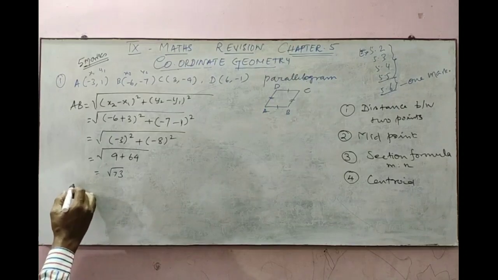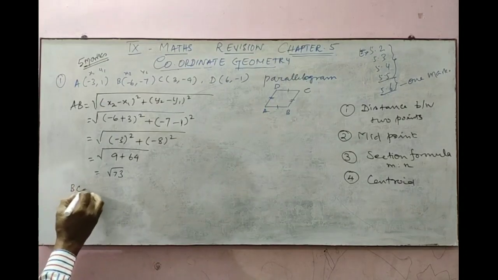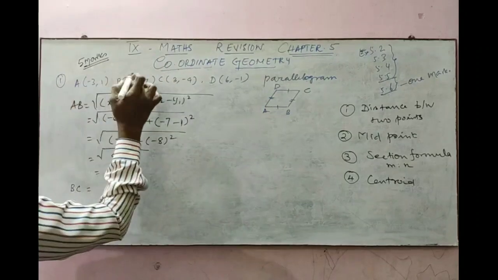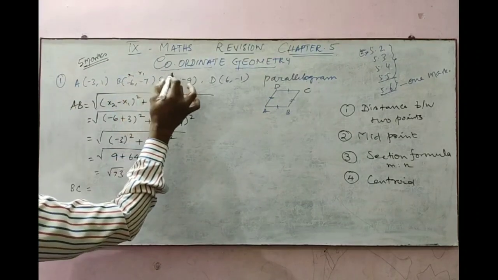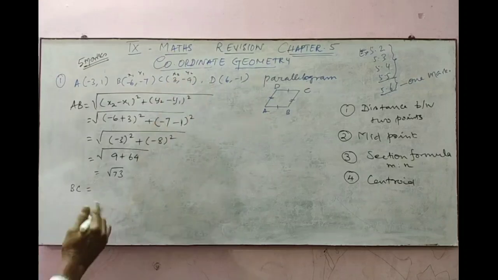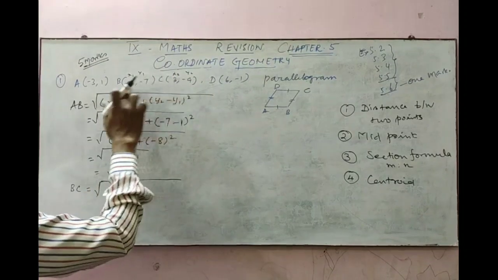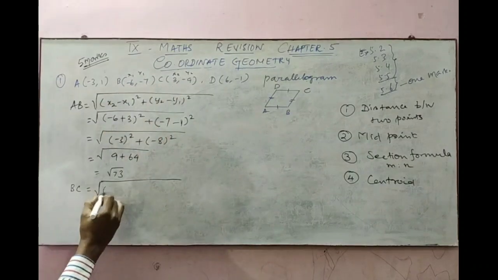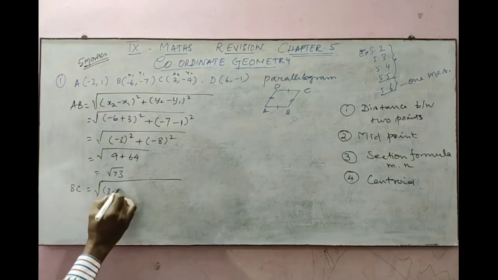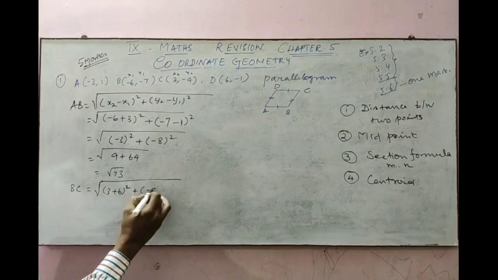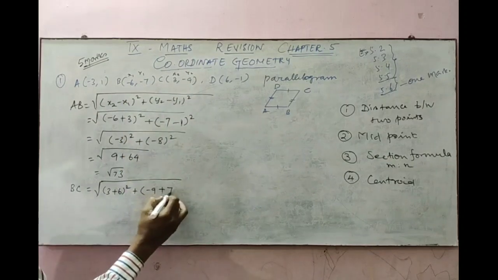Next I am going to find the distance between B and C. Now we have to consider B as x1, y1 and C as x2, y2. Use the same formula, x2 minus x1, that is 3 minus of minus becomes plus 6 whole square plus y2 is minus 9, minus of minus becomes plus 7.